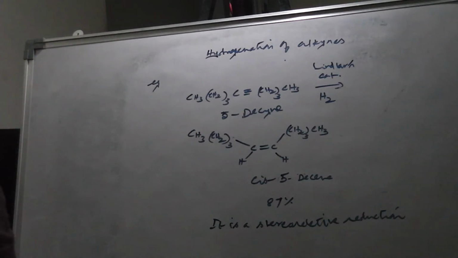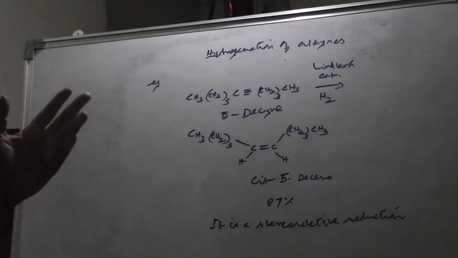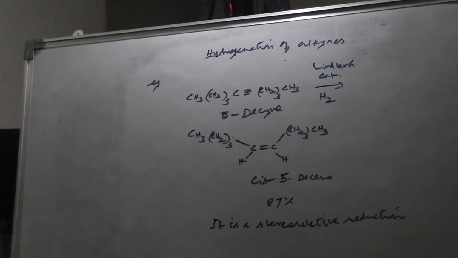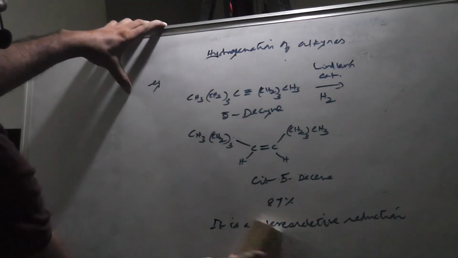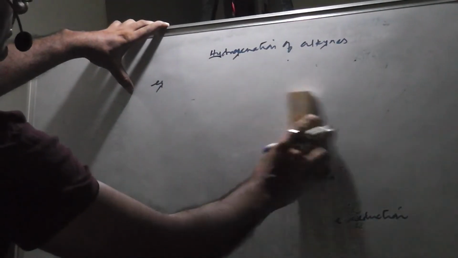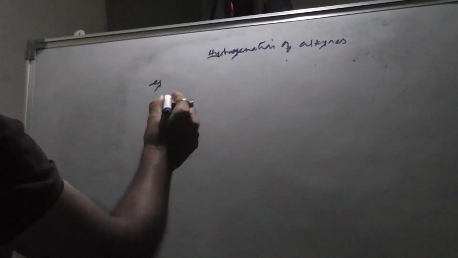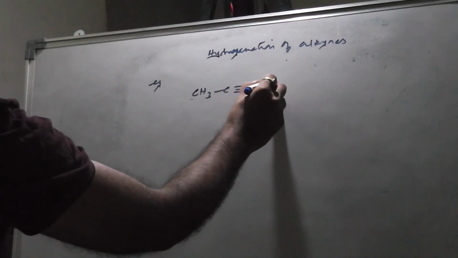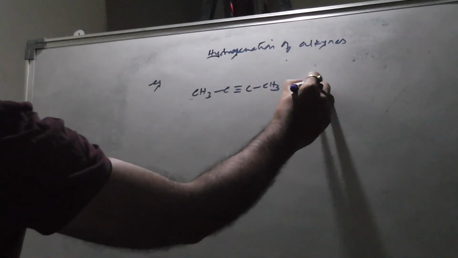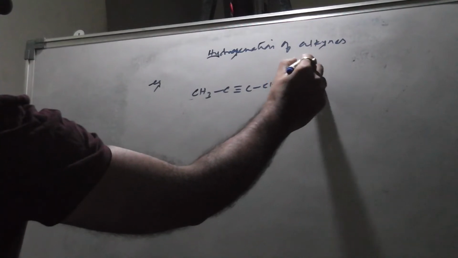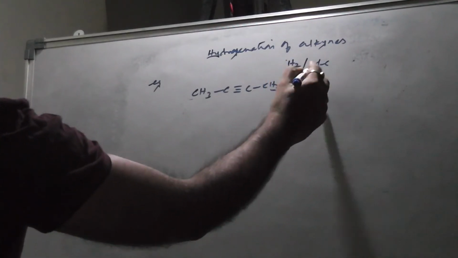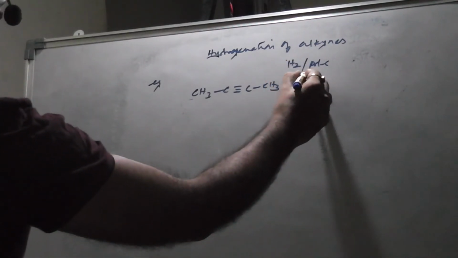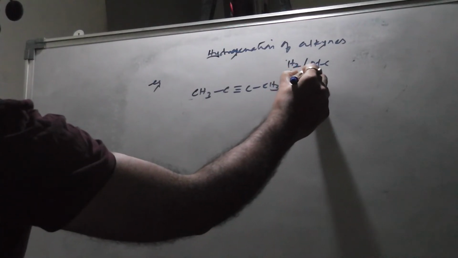Now let us look at another example. You can use heterogeneous or homogeneous catalysts for hydrogenation of alkynes. There are examples out there. Hydrogen, palladium, carbon, this is a heterogeneous catalyst.